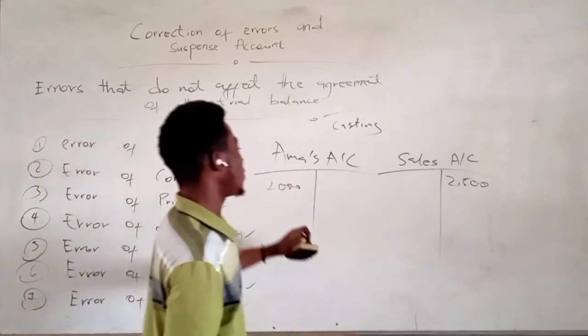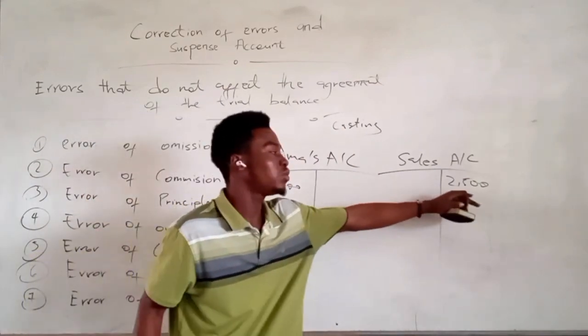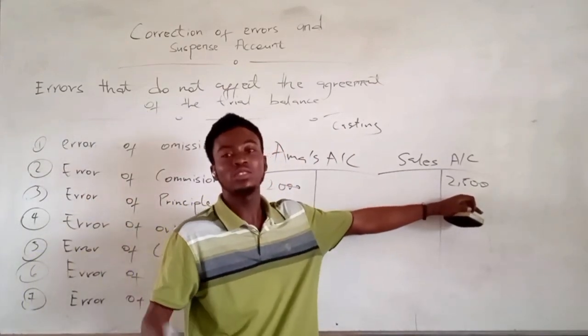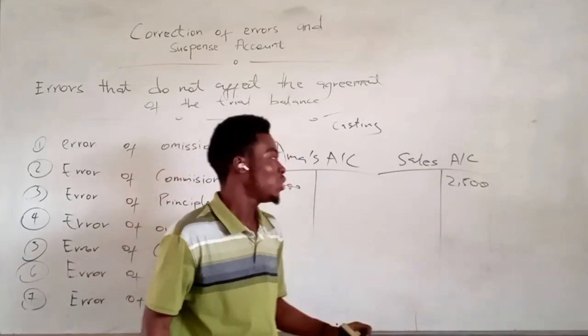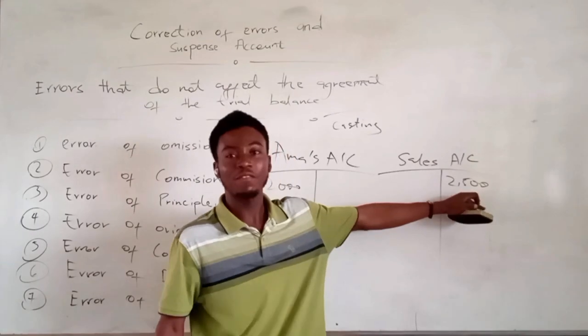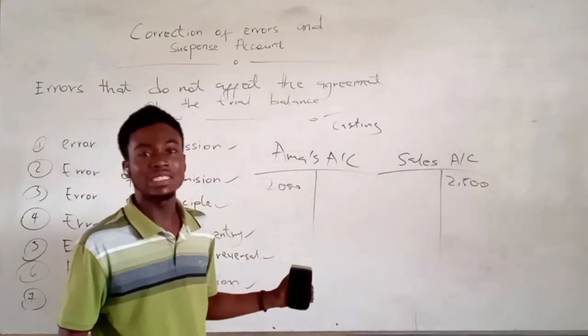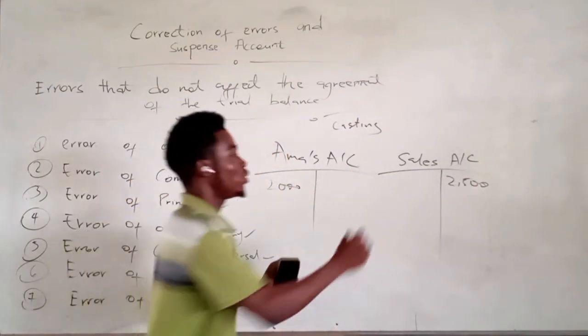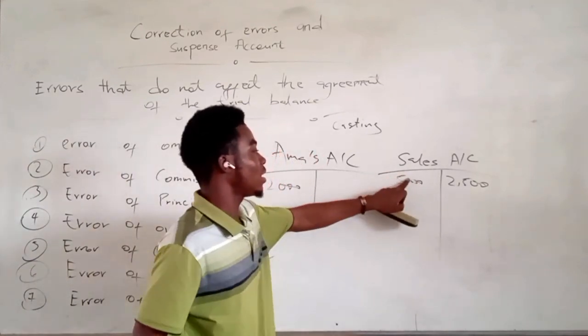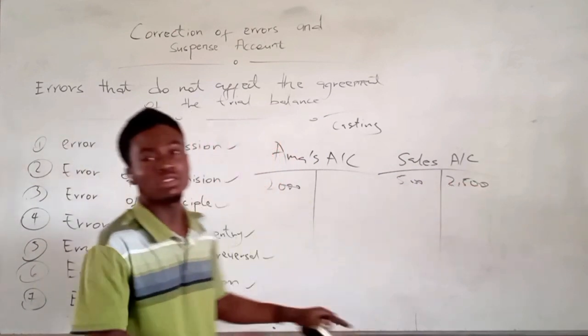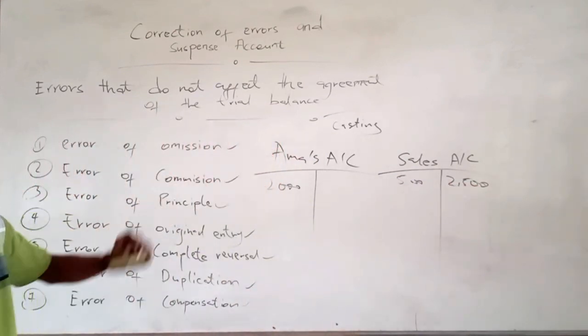You can see that you are supposed to credit sales account with 2,000, but you credited it with 2,500, meaning it has been overcast. So in order to correct this, you have to find the difference, that's 500, and bring it to the opposite side to cancel it out. So you will record 500 here to cancel the 500 out, so that the transaction will be correct. This is how you correct the error of casting.